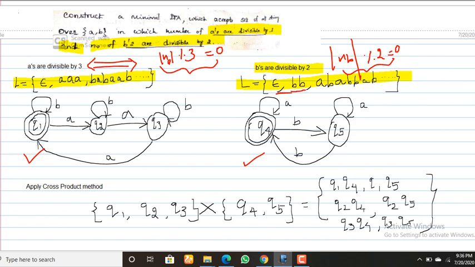Apply cross product. The number of states in the first automata: Q1, Q2, Q3. The number of states in the second automata: Q4, Q5.